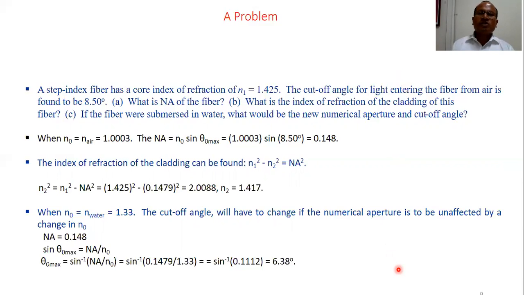You have to allow that much angle so that the signal attenuation of light inside the fiber is minimum. Because if the signal is attenuated too much, the strength of the signal will fade, the SNR will be affected, and the quality of the signal received will not be good. So that's all for today's lecture.